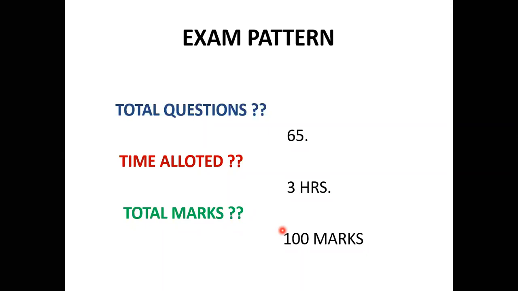If the paper is so tough, the qualifying marks are less. If the paper is so easy, the qualifying marks increase. So the qualifying marks vary year by year. Generally, I can say the qualifying mark for a general candidate is around 27 to 32 marks.